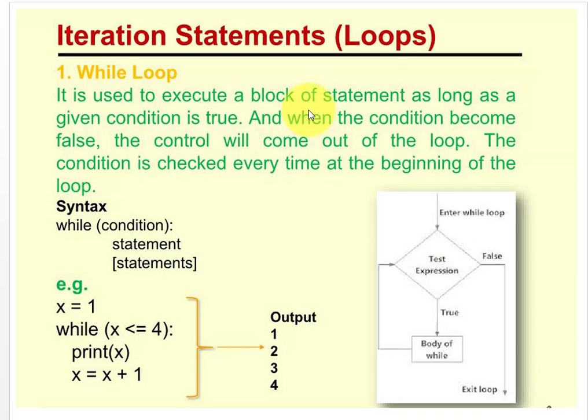You can understand this with the help of this flow chart. For example, we enter into the while loop. When we enter, it first tests the expression. Test expression means any condition which you keep inside.